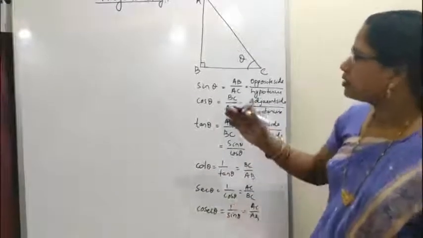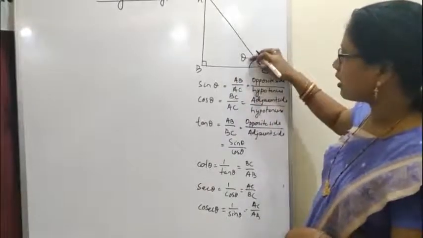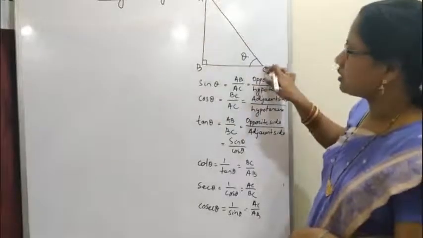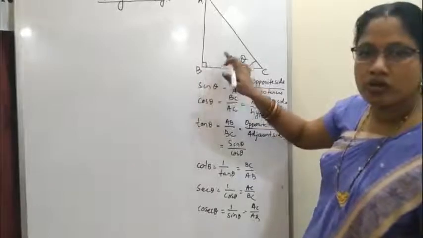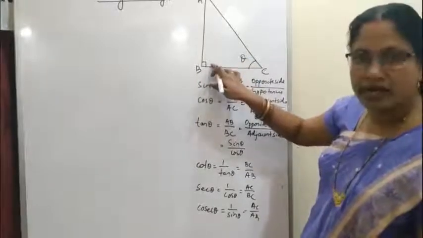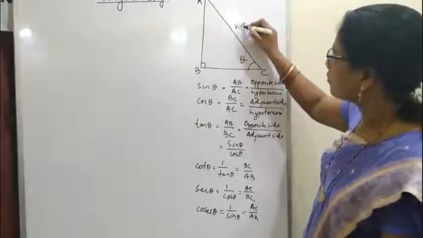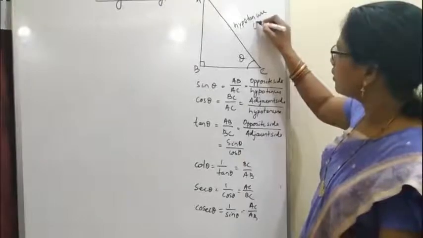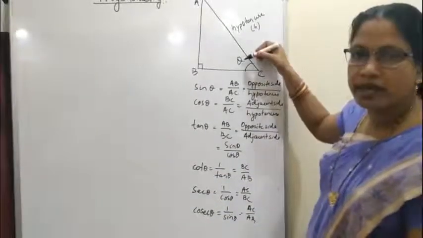Let us discuss. Here I have taken theta as an angle of the triangle ABC, where angle B is 90 degrees. You know the side opposite the right angle is known as the hypotenuse. So here AC is the hypotenuse, which we can symbolize as H. Here I have taken the angle theta.